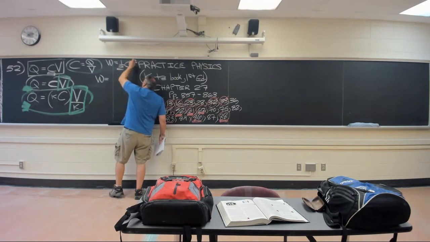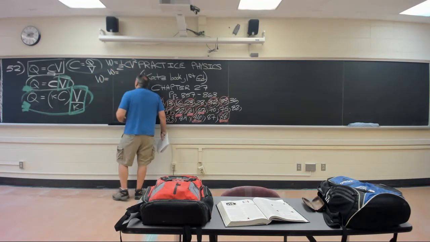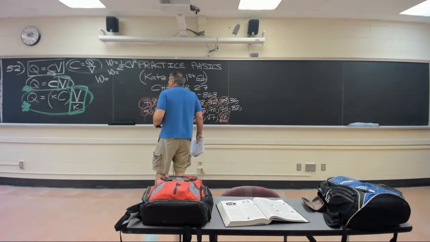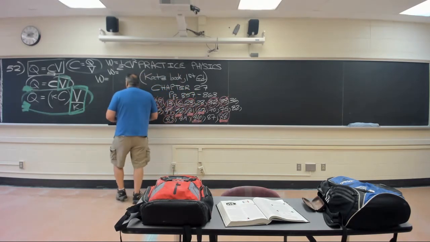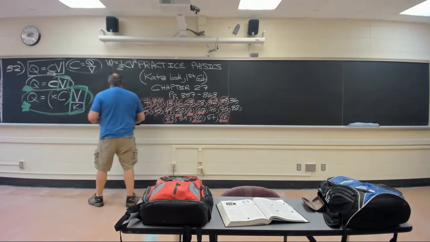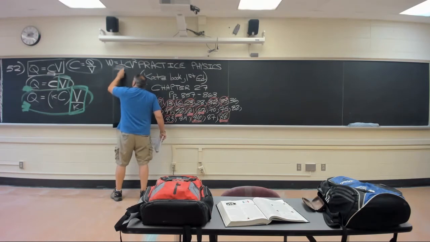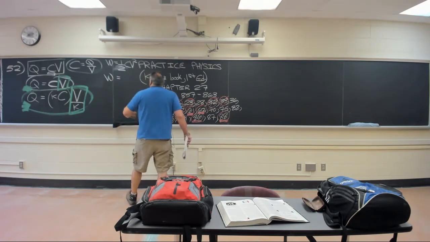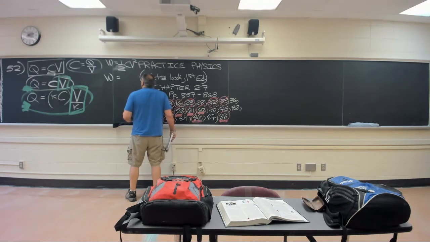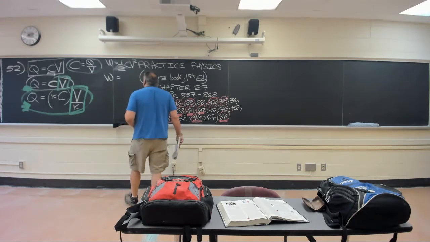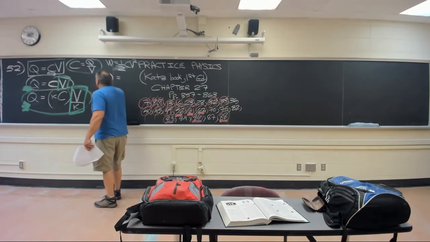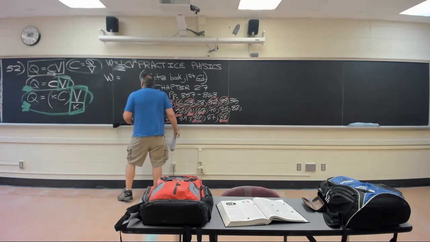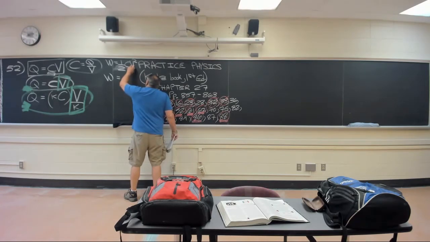When you talk about this stuff, it's 1/2 C V squared. C is Q over V. V is Q over C. If you solve for V right here, multiply by V on each side, divide by C. V is Q over C. The quantity Q over C squared is Q squared over C squared.